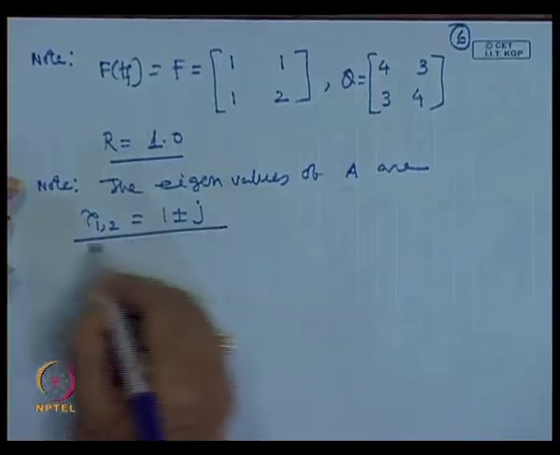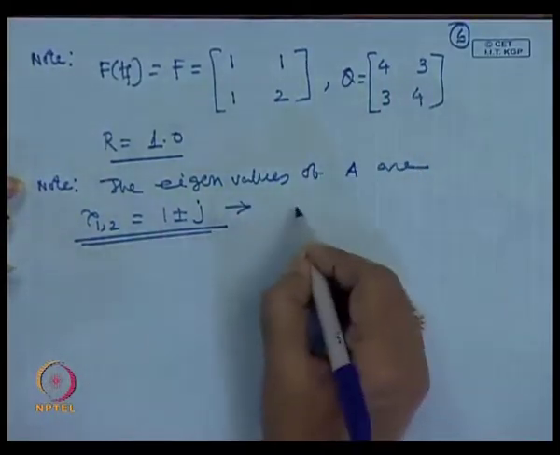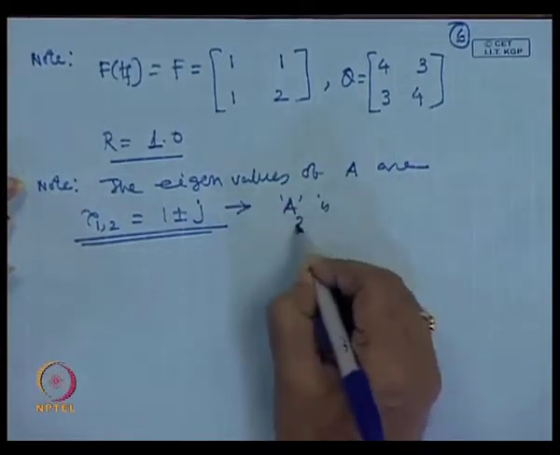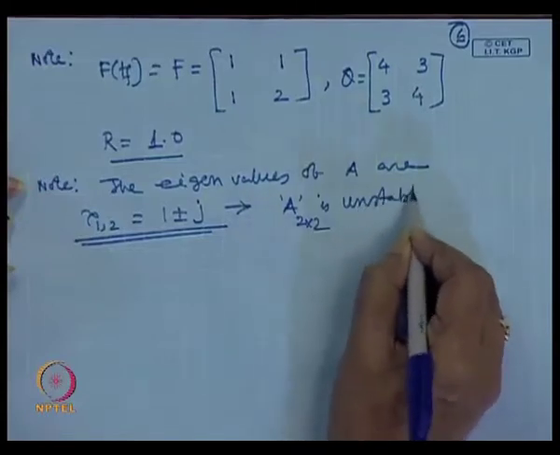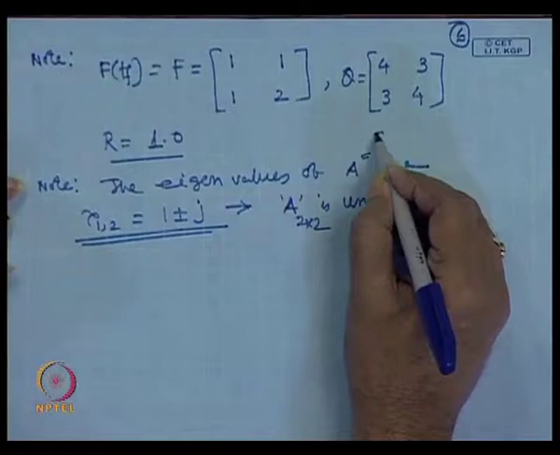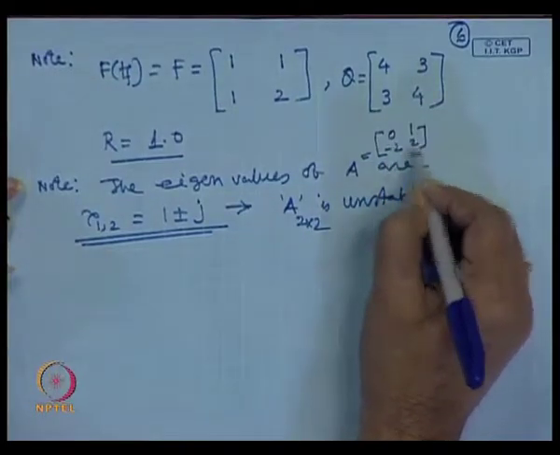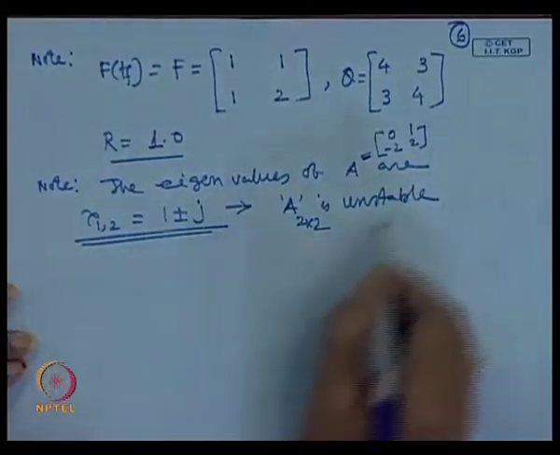So, this is the unstable open loop system, the open loop eigenvalues are this, then matrix A of dimension 2 by 2 is unstable, and this matrix, 0 1 minus 2 2, is the A matrix. Agree.